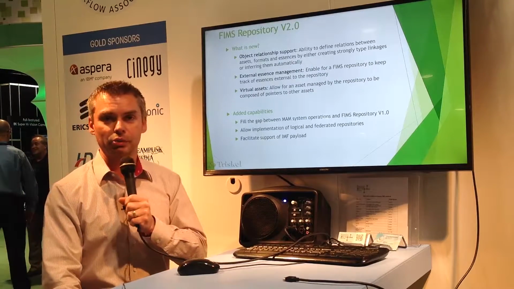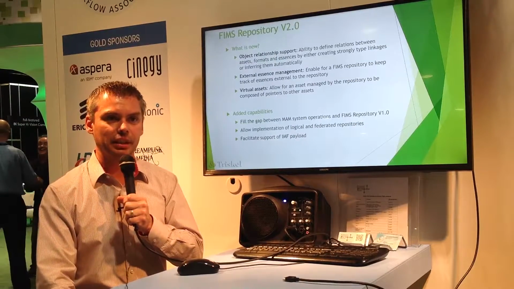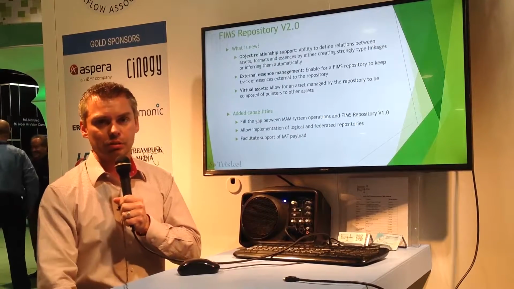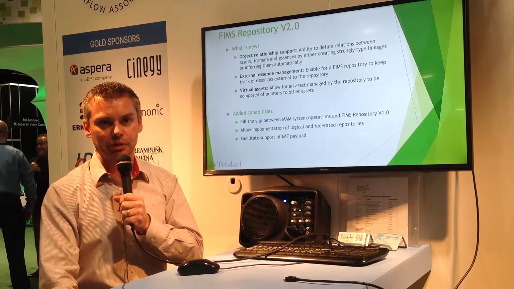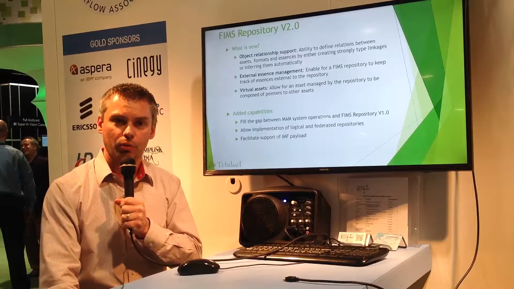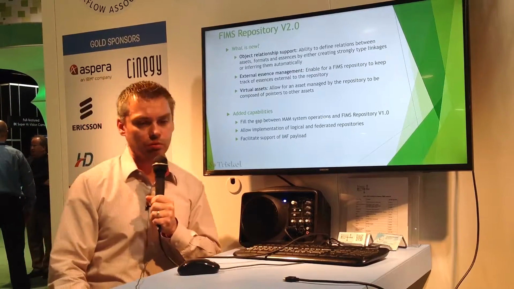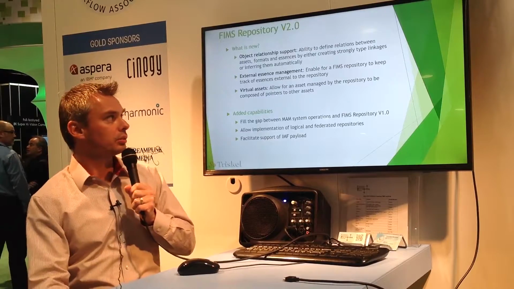And the last one is virtual asset. That's a brand new concept that allows assets that do not already exist to be managed within the repository itself. Those assets are basically pointers to other assets.